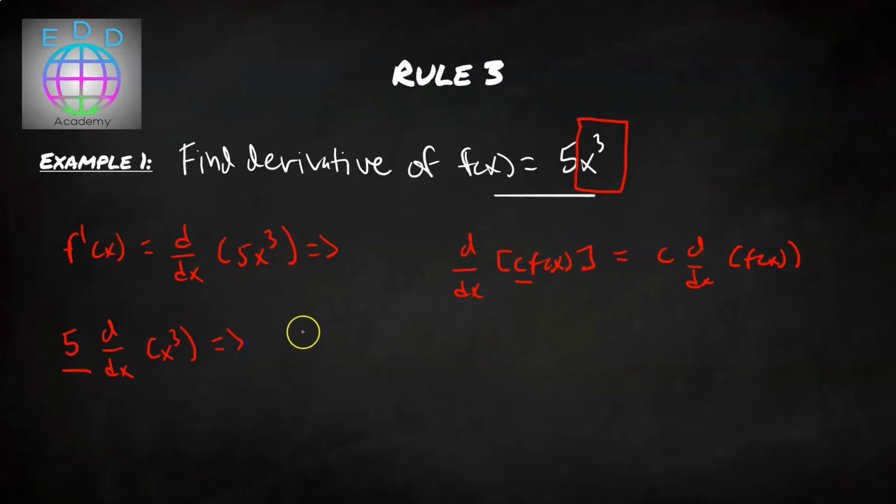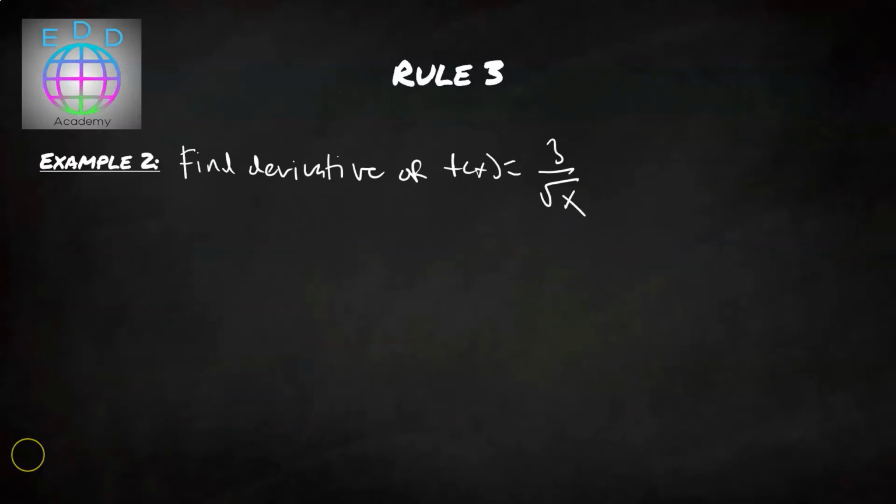And then we can just leave the 5 hanging out in front here and compute our derivative. We learned last time with the power rule that this is 3x squared, where the 3 is our n, and our exponent is n minus 1, which is 2. And simplifying this, that's just 15x squared. It's quite simple.